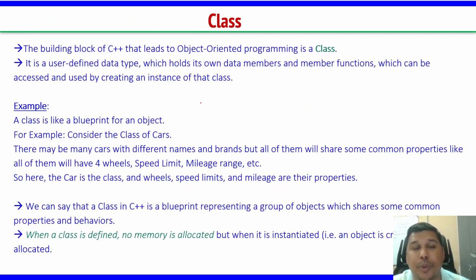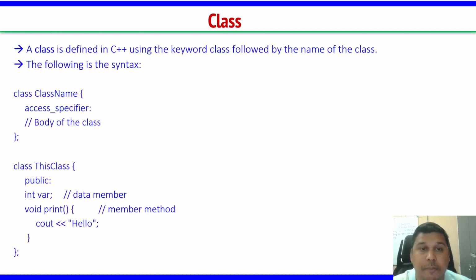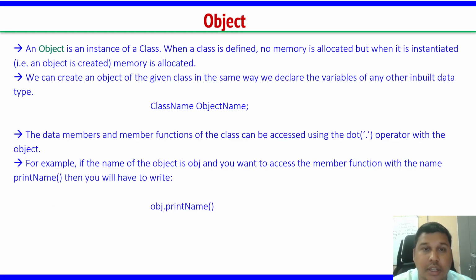Class is like a blueprint for an object. We have seen the example of a car. Memory is not allocated until you create the object. We have seen how to create a class name and the access specifier, and the body where we can create variables and functions. Then we studied object. Object is an instance of a class.